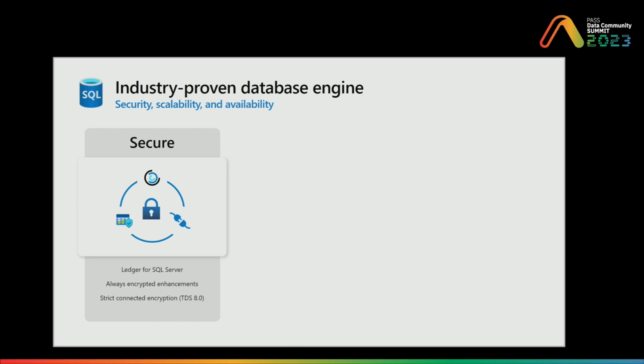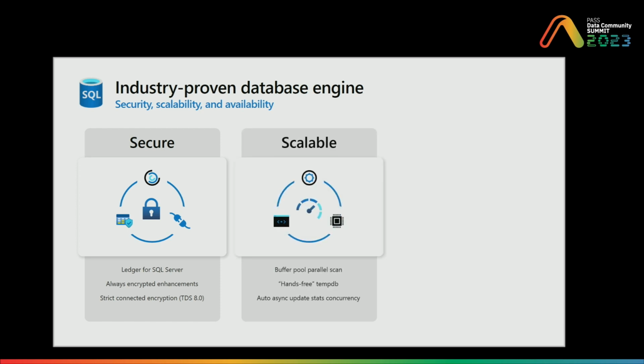So innovations do not stop at the areas that Ajay covered, right? The engine is very important to us, so we keep innovating on the database engine. In security, we have Ledger for SQL Server, which is our blockchain technology. On scalability, there are the hands-free TempDB improvements starting from SQL 2017, I think, with a couple of options there.